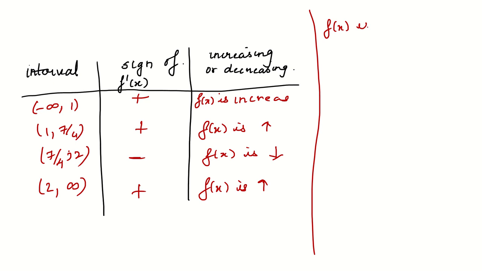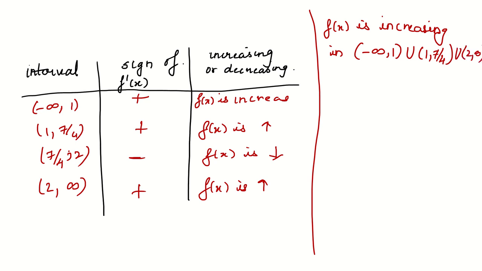F of x is increasing in minus infinity to 1 union 1 to 7 by 4 union 2 to infinity. And f of x is decreasing for 7 by 4 comma 2.